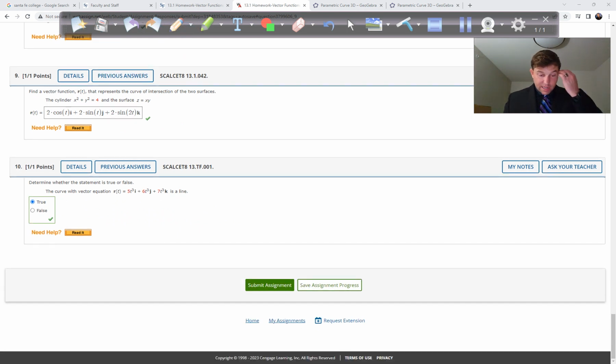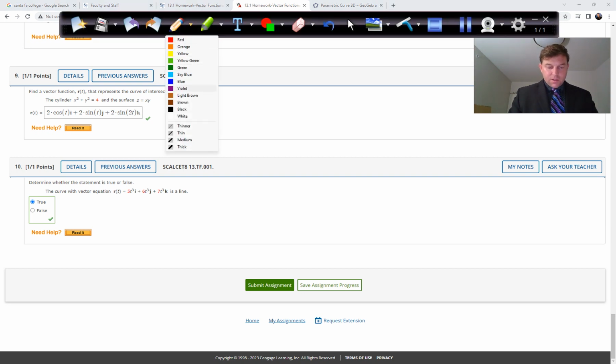Okay, problem 9, we cannot use GeoGebra, not going to help us here. So it says find a vector function r of t that represents the curve of intersection of the two surfaces: the cylinder x squared plus y squared equals 4 and the surface z equals xy. So we're going to do the same thing we did before.